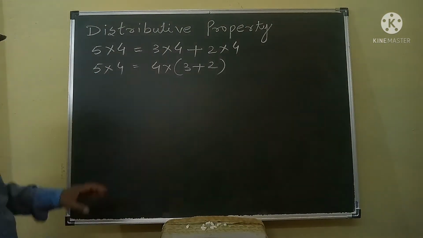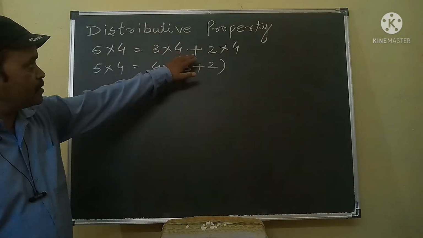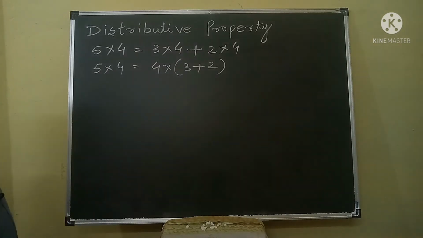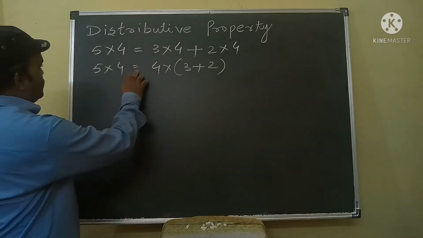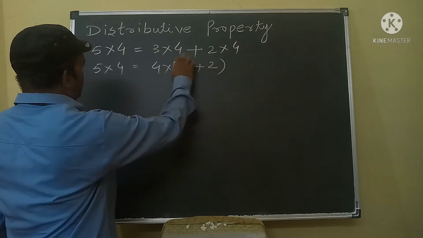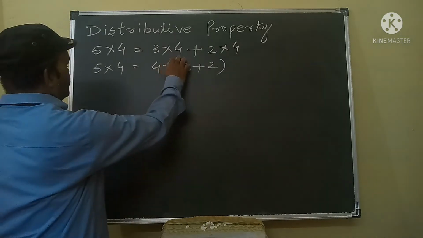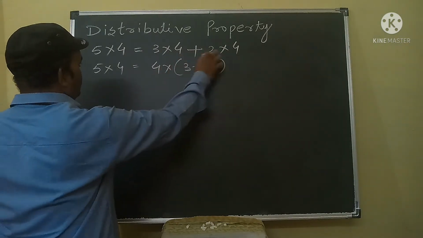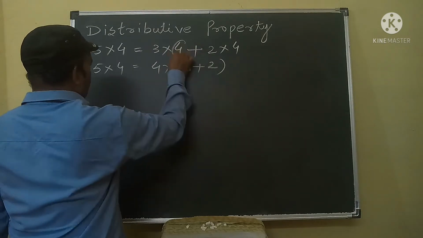As you are looking, 5 into 4 is equal to 3 into 4 plus 2 into 4. 5 into 4, this is in LHS, is equal to, in RHS, which is the common number? Common number is 4. We will take out the common 4.